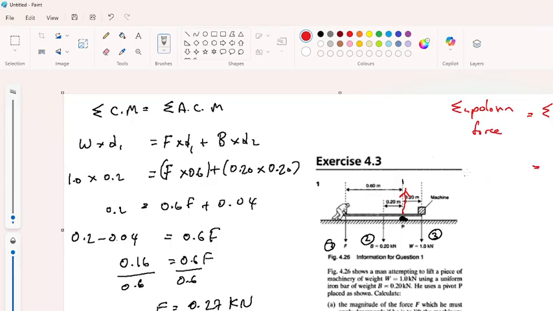We have three downward forces: F plus B plus W is going to be equal to R. So this is going to be 0 point something plus 0 point something plus 1, and that's going to be equal to R. So R is equal to 1.47 newtons. And that's easy peasy lemon squeezy.